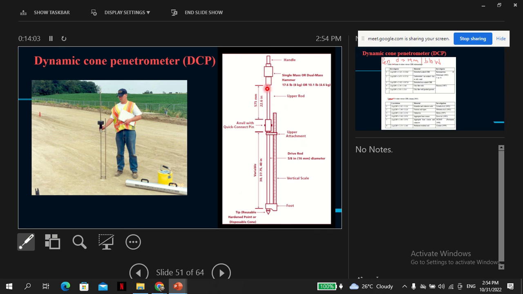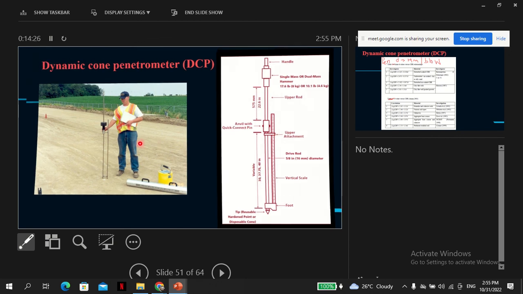Again, you drop the hammer through that height, and then you see how much the tip is able to advance. The same limitations as CPT: you have to check if there's a boulder that can destroy the equipment.